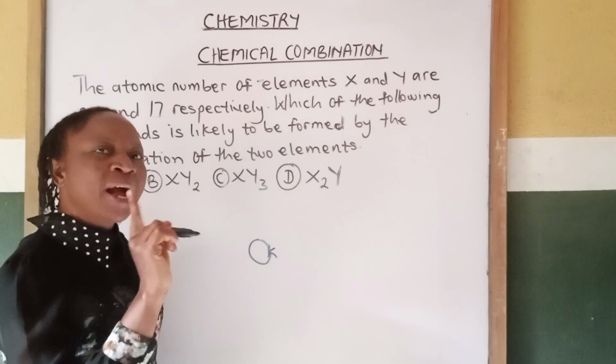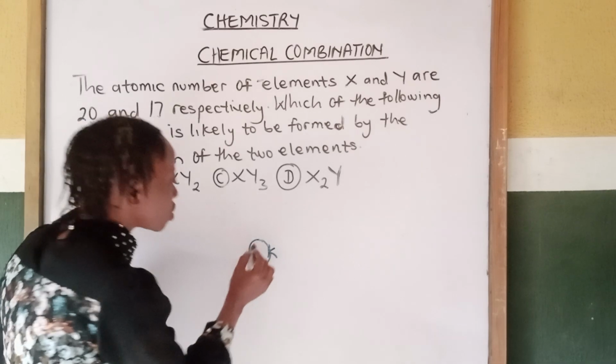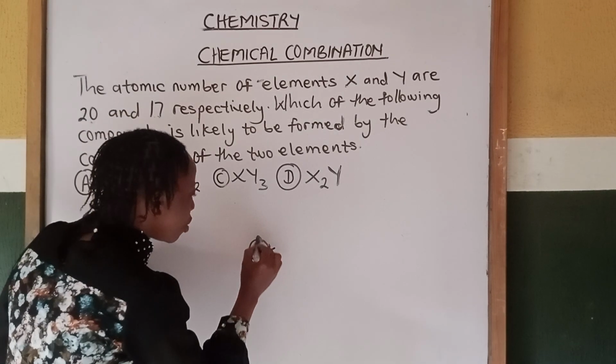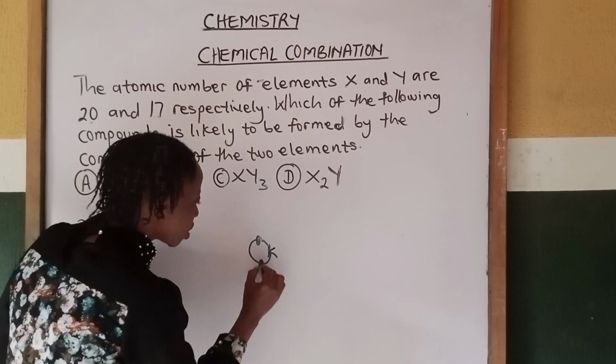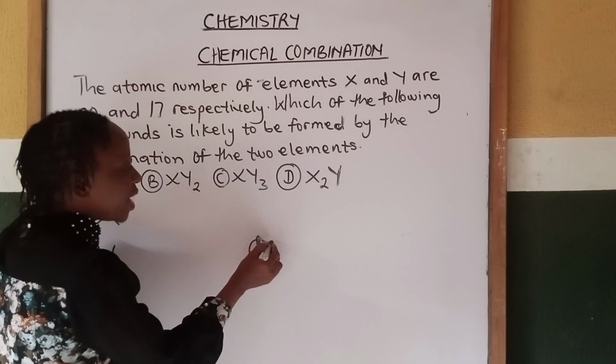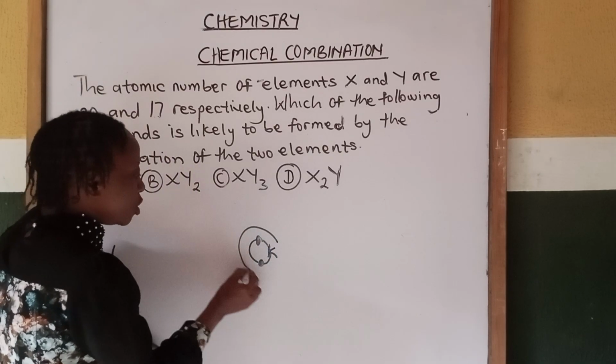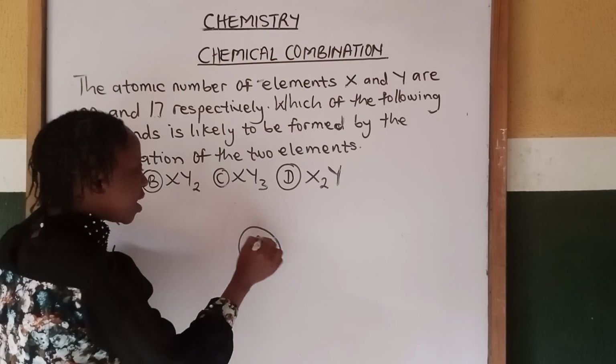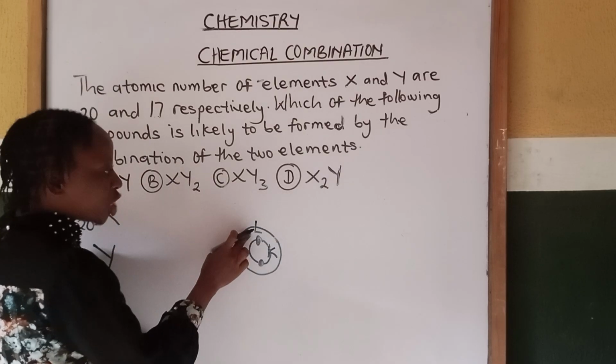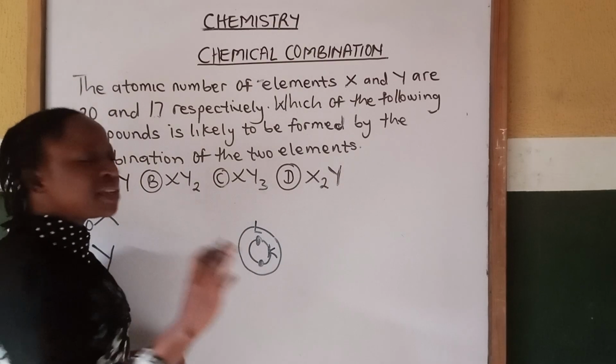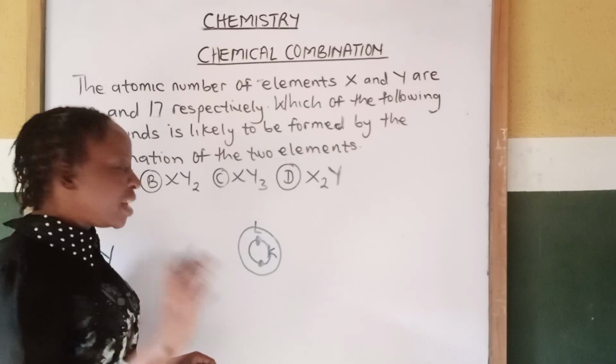It will not carry more than 2 electrons. This dot represents an electron. The next shell is called the L shell. L will carry a maximum of 8 electrons.